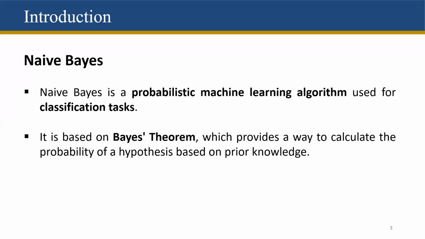So the fundamental mathematical foundation of the naive Bayes is based on the Bayesian theorem, which is also based on probability. So we are looking at probability. Now, it is based on the Bayes theorem, which provides a way to calculate the probability of a hypothesis based on prior knowledge.